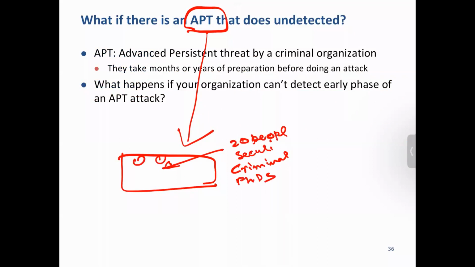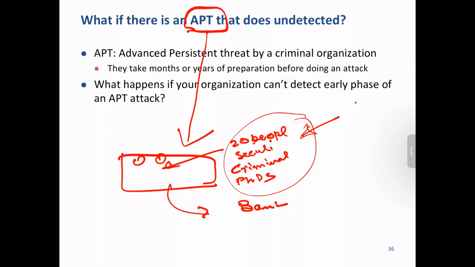Okay, and they may be planning an attack on a bank. So they are given the project by their boss that you have to attack a bank with ransomware, and you have 6 months or 1 year or so on. So for 1 year they will plan all the attack. Okay, this is called advanced persistent threat.